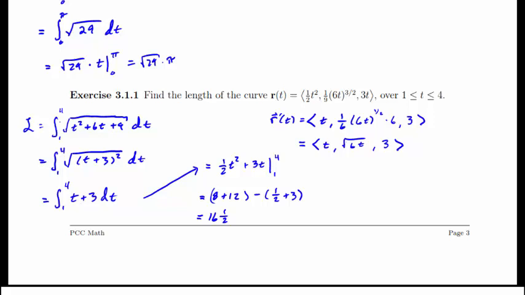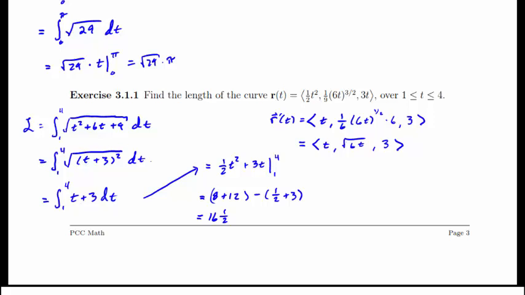So we get the length equals the integral from 1 to 4 of the square root of t squared plus 6t plus 9 dt. The little technique that we want to use to get through this integral is by noticing that this is a perfect square. So when we factor it, we get the integral from 1 to 4 of the square root of the quantity t plus 3 squared dt.